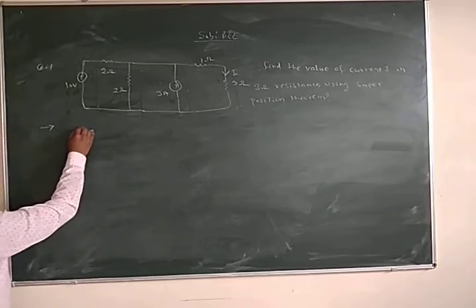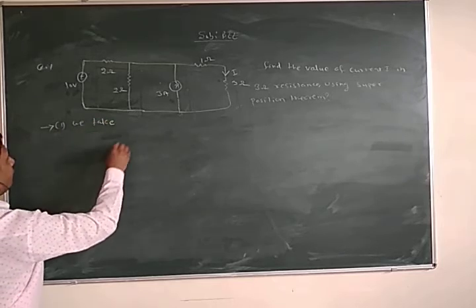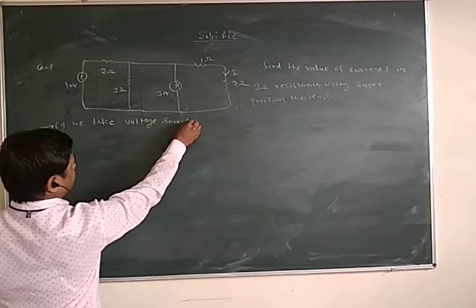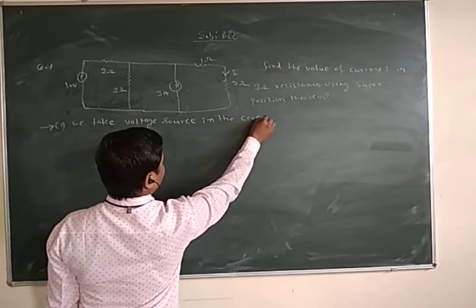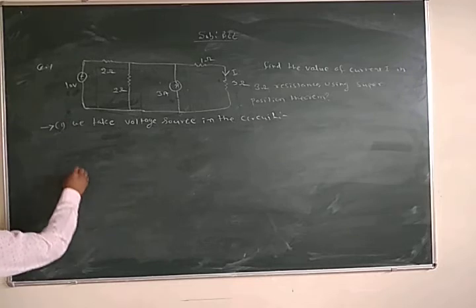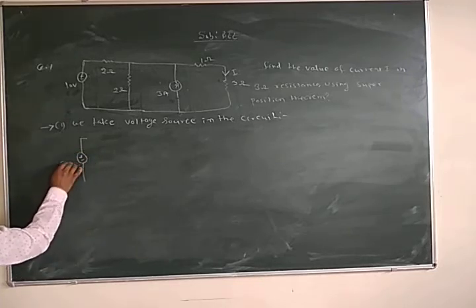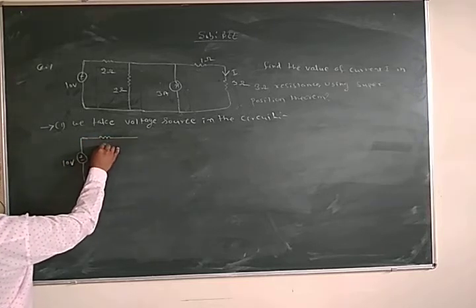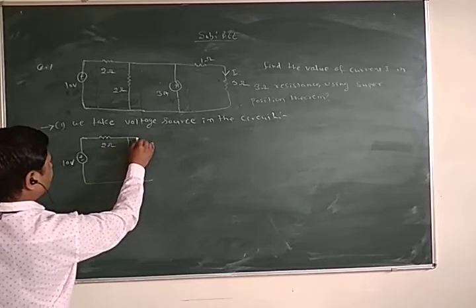Now the new circuit, first we take voltage source in the circuit. So due to voltage source, current in 3 ohm will be calculated as: 10 volt, 2 ohm, 2 ohm.